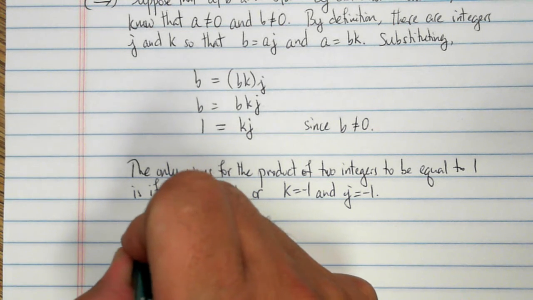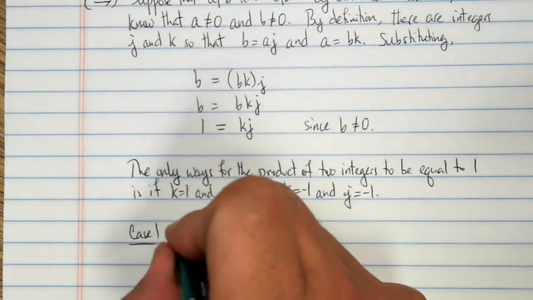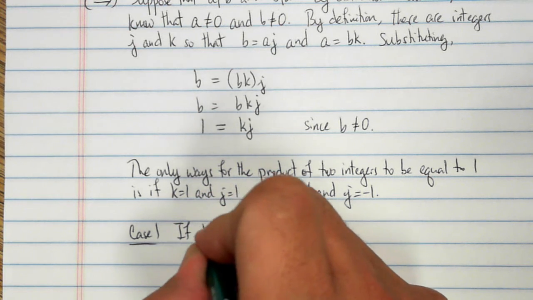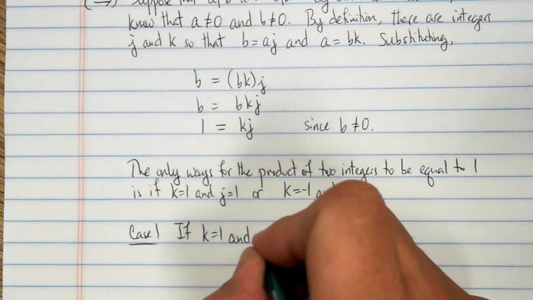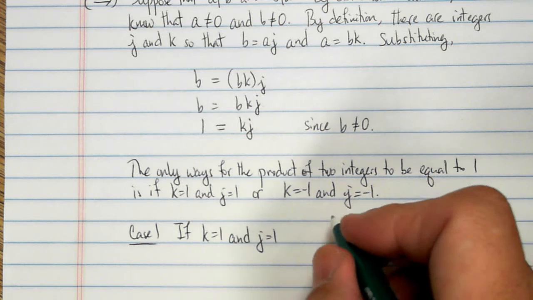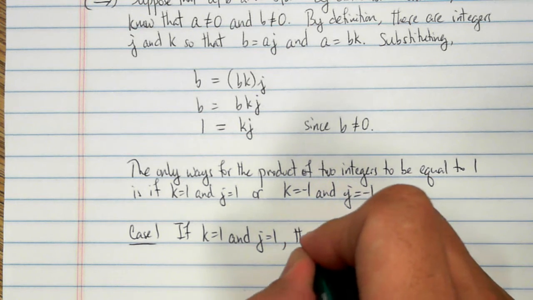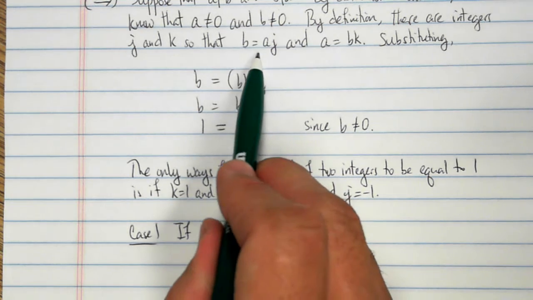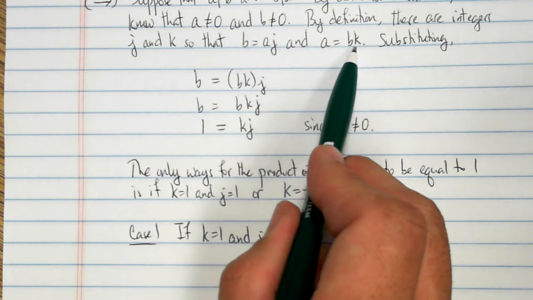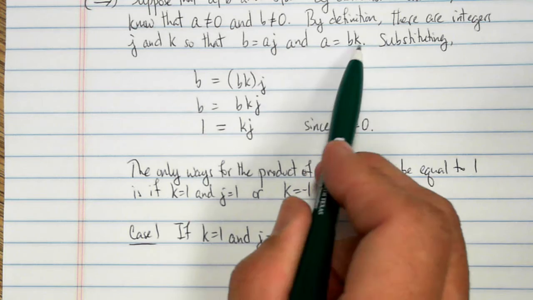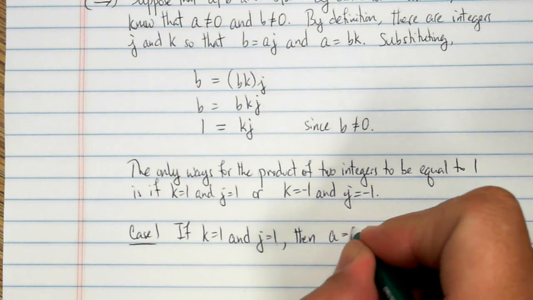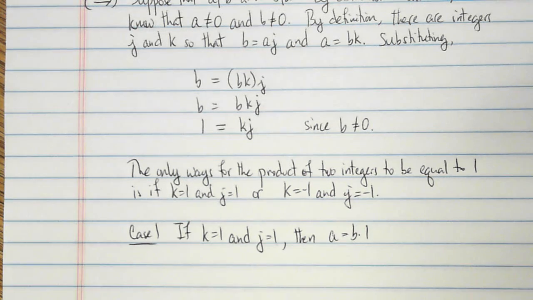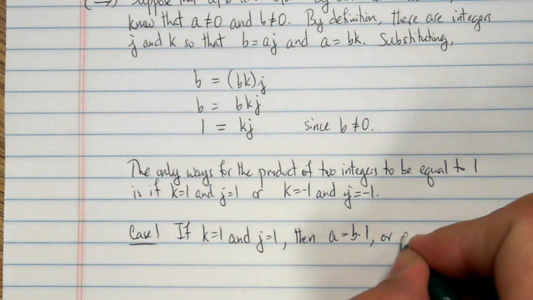All right, case 1. Suppose k equals 1 and j equals 1. Well, if I come here, if k equals 1, then a is equal to b times 1, or a equals b.